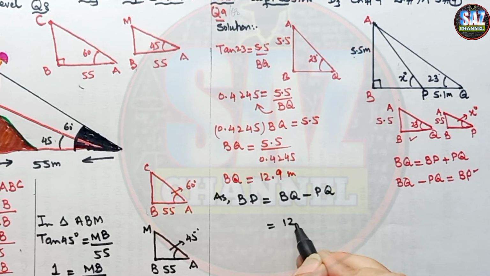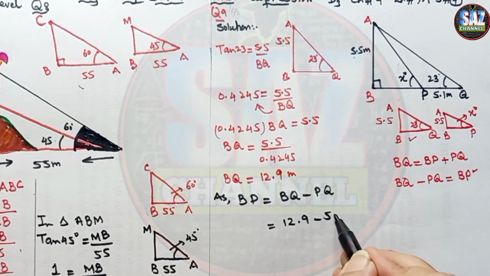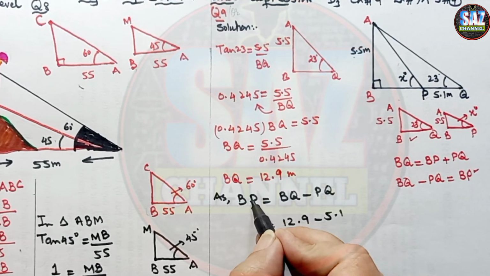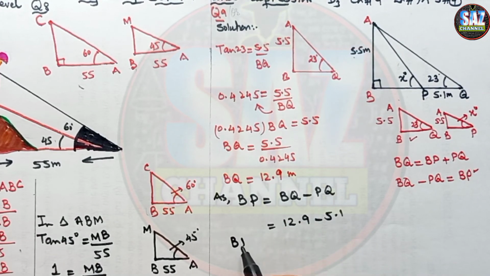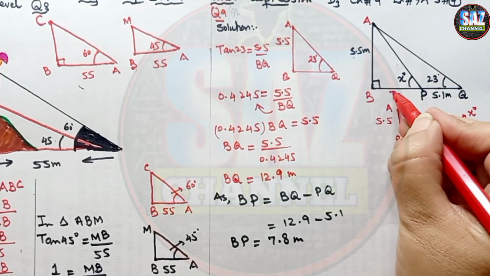This is 12.9 minus 5.1, and this gives me BP is 7.8, and this is meters. Now I have this base with me of this small triangle, 7.8 meters.